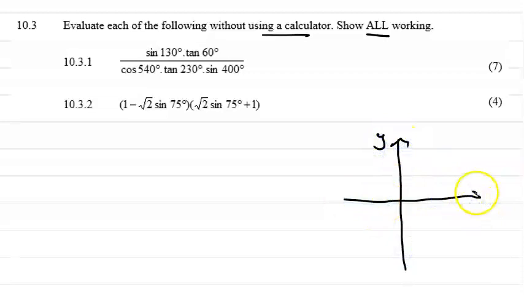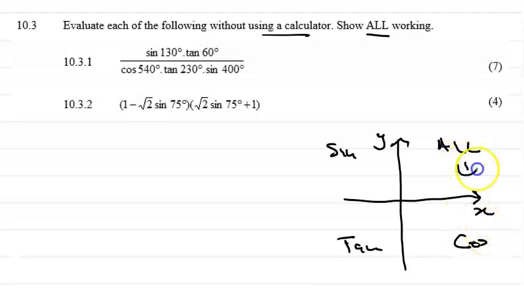So if we look at the Cartesian plane, we know that in the first quadrant all our trig ratios are positive. In the second quadrant, only sine is positive. In the third quadrant, tan, and in the fourth quadrant, cos is positive. So that is the first, second, third, and fourth quadrants.